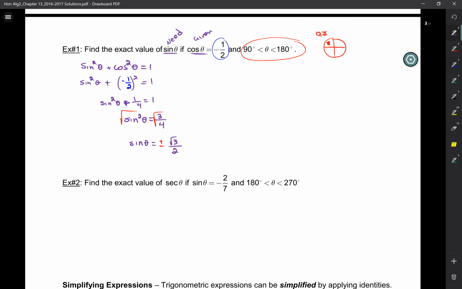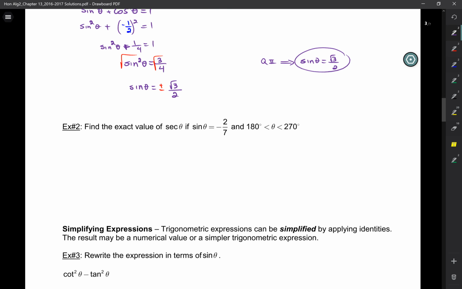Out of these, we're only going to pick the one that falls into our quadrant. We're in quadrant 2, and that quadrant sign is positive. So quadrant 2 implies sine of theta is equal to positive root 3 over 2. You'll get plus or minus root 3 over 2, and then in the answer column just put the answer, root 3 over 2.